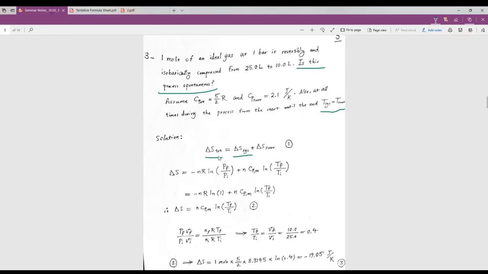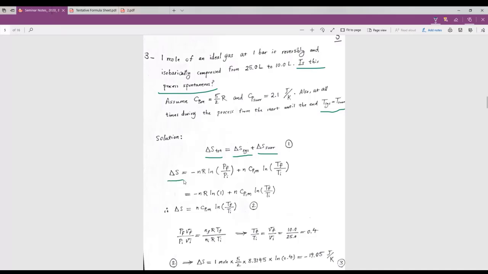I said system, but I meant just the total change in the entropy. I'm sorry. So the total change in the entropy is equal to the sum of the change in the entropy of the system plus the change in the entropy of the surroundings. What it means is that we have to calculate delta S of the system and delta S of the surroundings separately, and then plug those values into this equation, calculate delta S total, and then we can tell if this process is spontaneous or not.